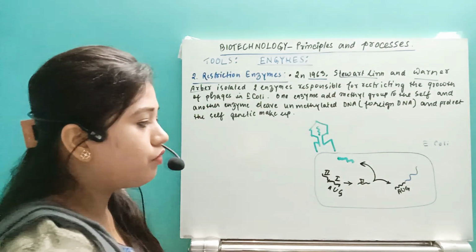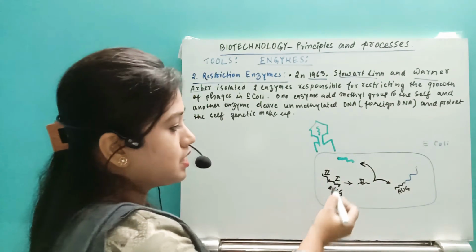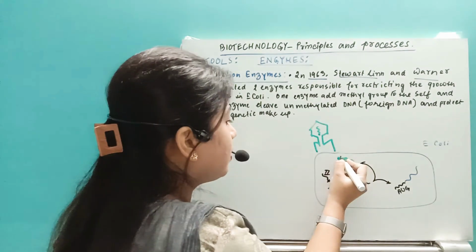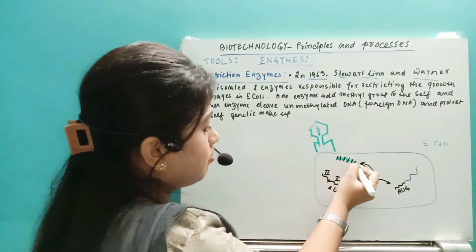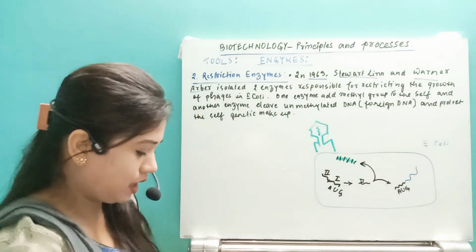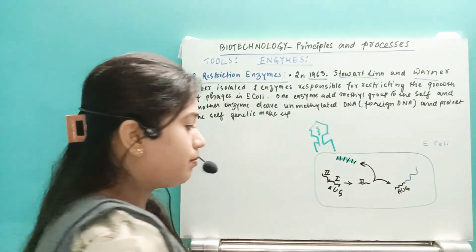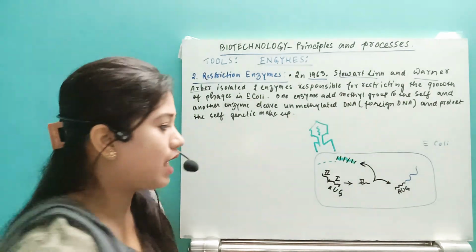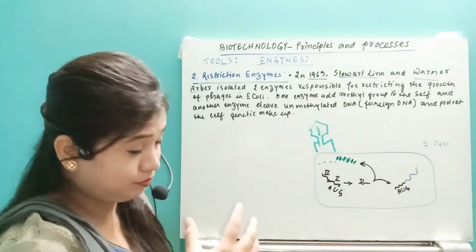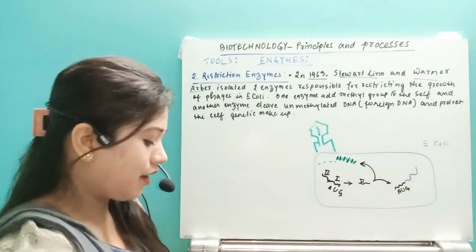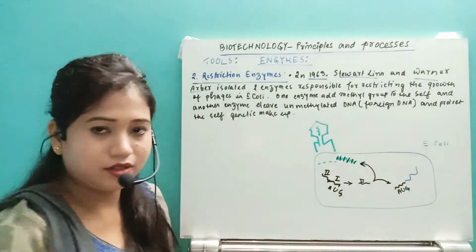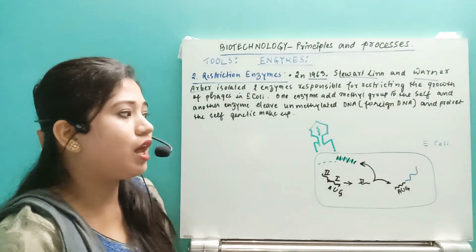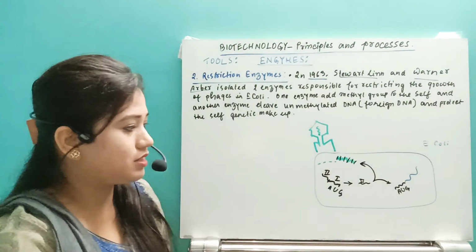So the second part of this restriction enzyme will break the phage or viral genetic makeup in the middle, or cleave it. So this genetic makeup will be destroyed. It will not be able to blend with the E. coli's genetic makeup, and after that the bacteria can be protected. The E. coli will not be affected by these phages.